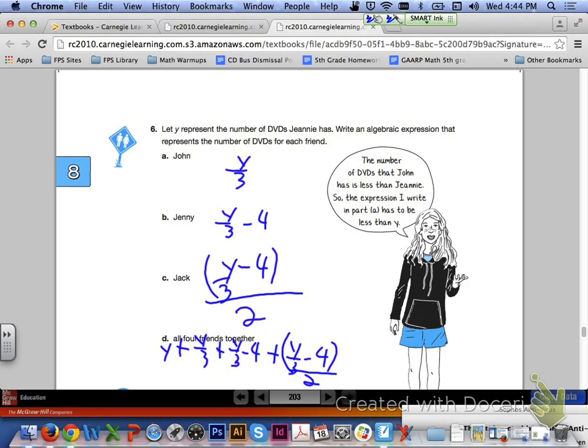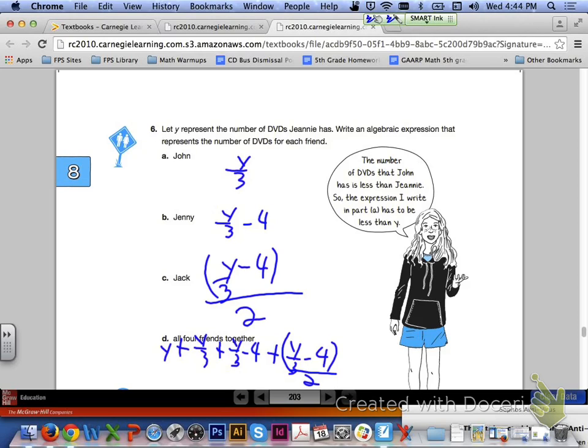Now, another way to look at Jack's algebraic expression is by using the distributive property. If we're dividing all of Jack's by 2, Y divided by 3 divided by 2 is like splitting a third in half.